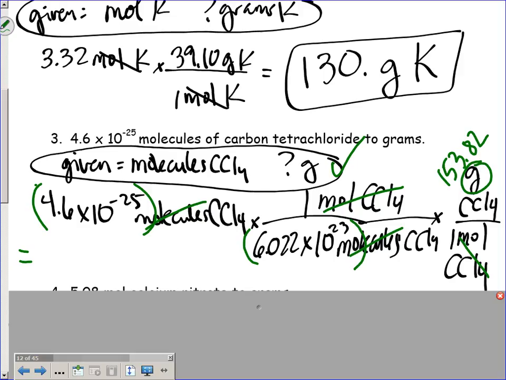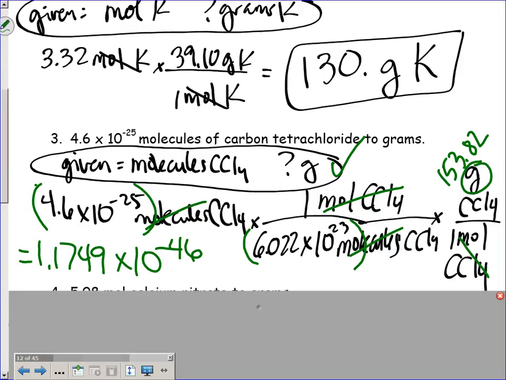1.174982. Okay, times 10 to the negative 46. If you're not getting this exponent, that means that you did not put parentheses and your calculator does not know what's in the denominator. Because what happens, guys, is you put this in and it's multiplied. It's like, okay, I can multiply.